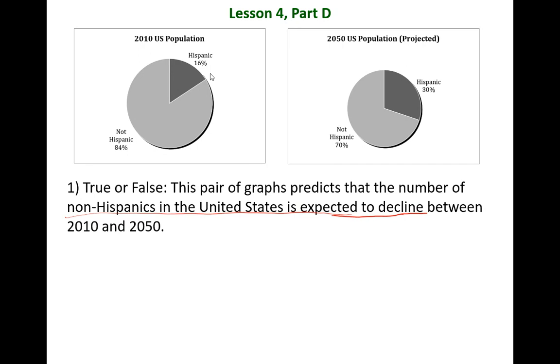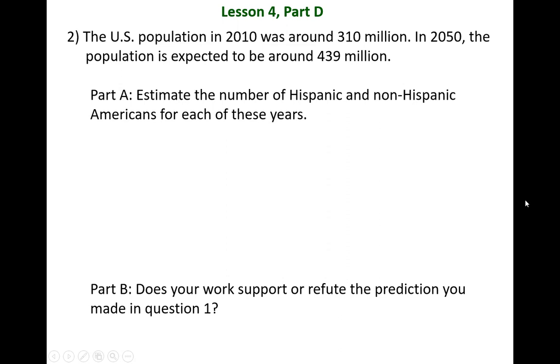I know the correct answer to this is in fact false. The fact that non-Hispanics will represent a smaller percentage does not mean there will be fewer non-Hispanics. Let's look at how we can see that.